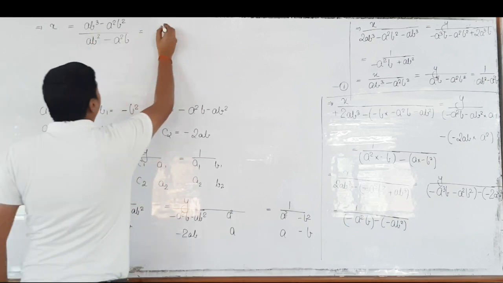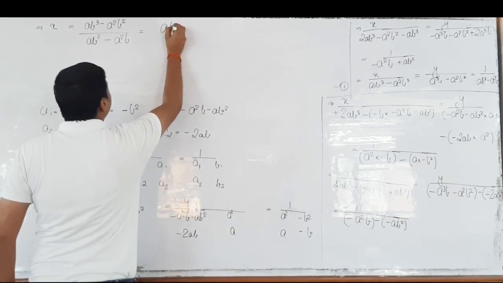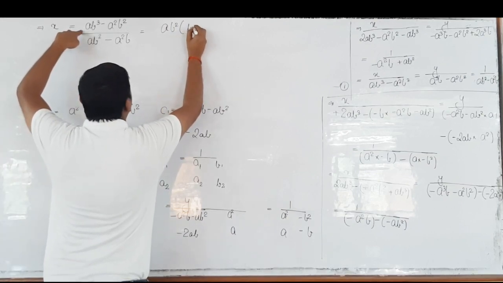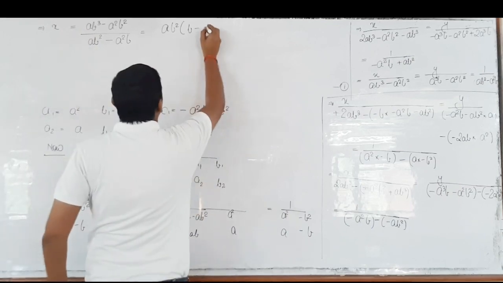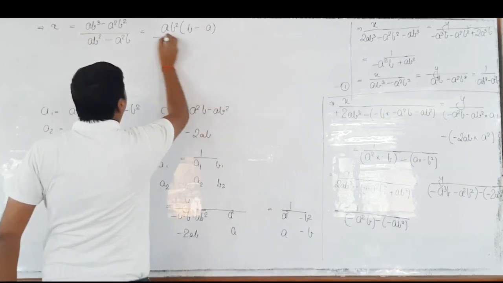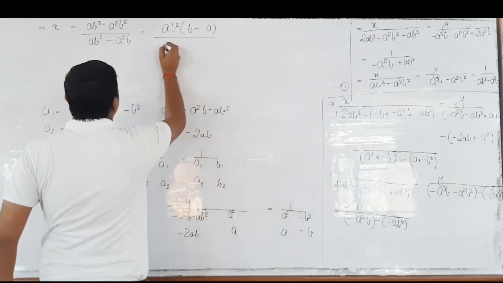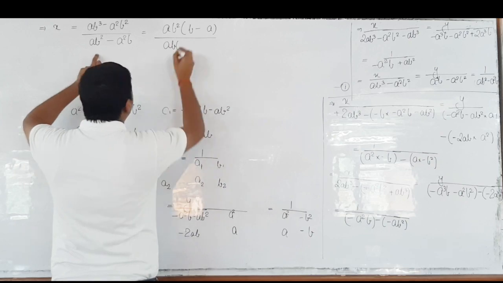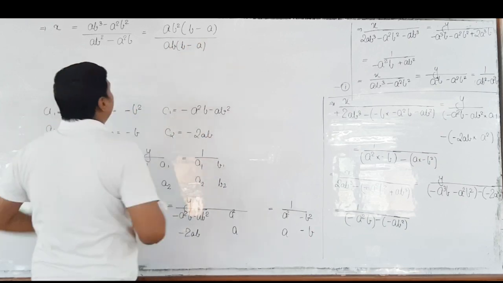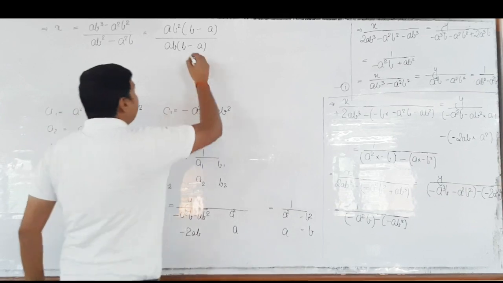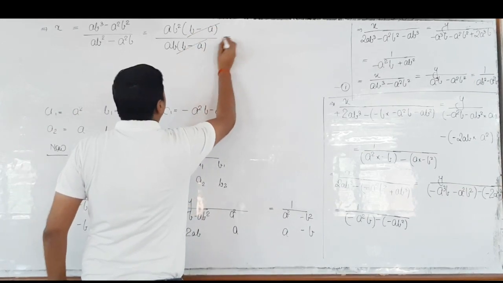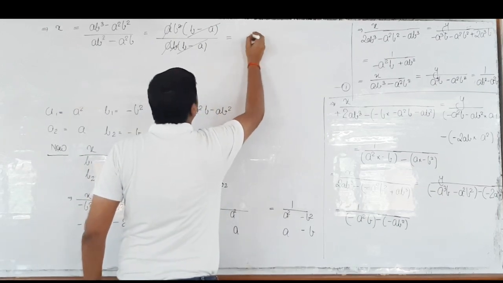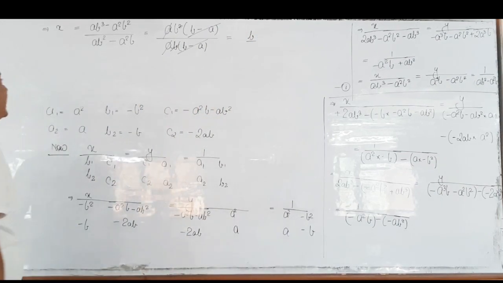So can we take the common a and b square? So we'll get here b minus a, if we take the common here, it's a and b. So it will be b minus a. Am I right? So minus minus cancel. Now a cancel, b square by b, it's b. So finally we get the answer as x as b.